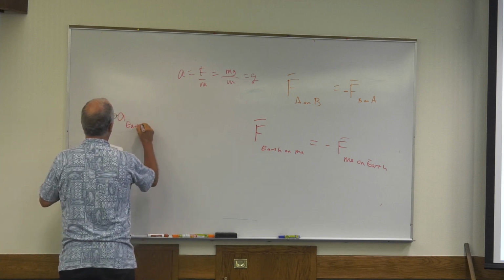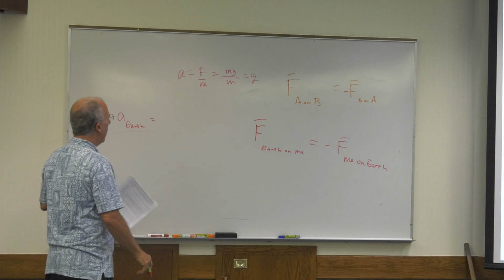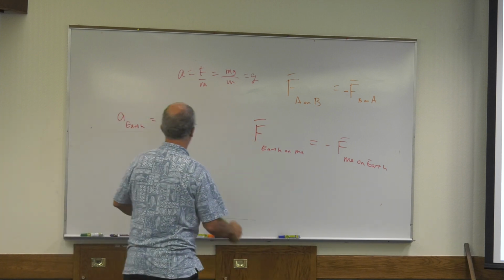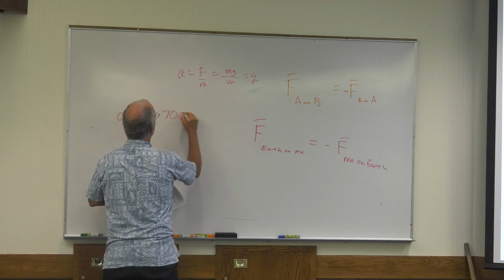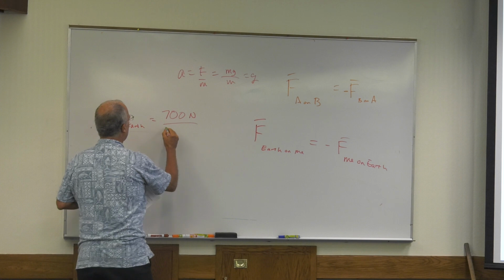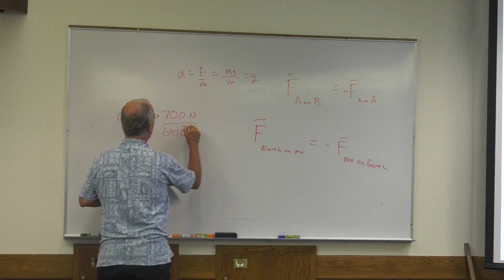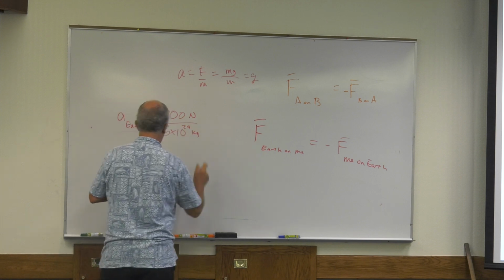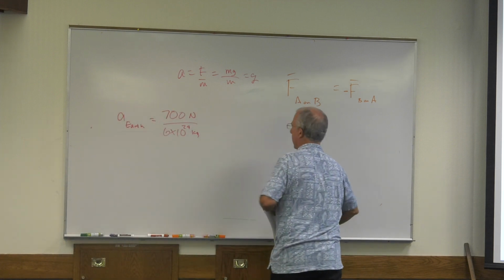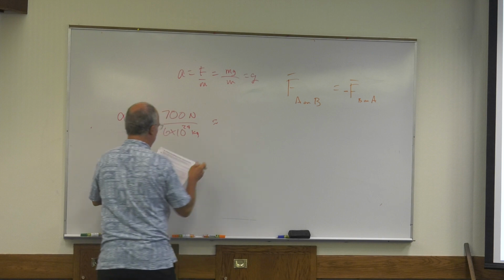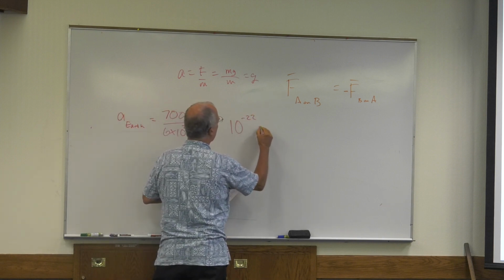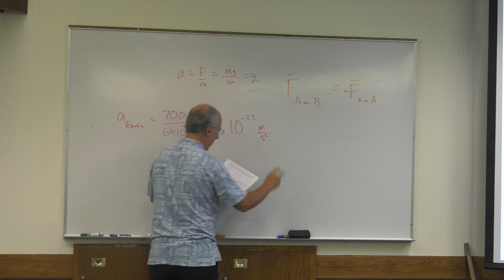So here's the acceleration of the Earth. Let's just say my force is mg, so let's say 700 newtons, close enough. But now we've got to put the mass of the Earth, 6 times 10 to the 24th kilograms. That's approximately equal to 10 to the minus 22 meters per second squared.